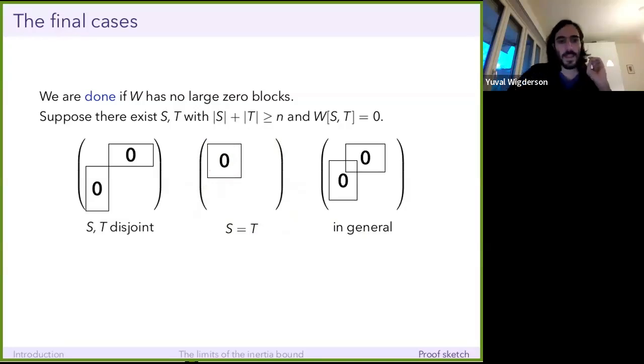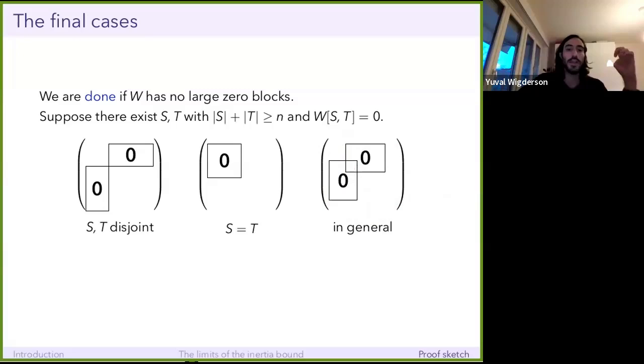Okay. And in the general case, we're actually just done by a combination of these two things. It's a tiny bit of arithmetic plus inclusion-exclusion. In this case, you're going to get a small matrix there, a small matrix there. You apply induction to each of them. You have a matrix of zeros there. And then maybe you have some extra rows and columns outside of these that you just throw away, applying Cauchy interlacing.